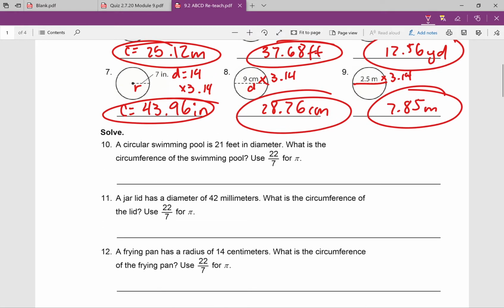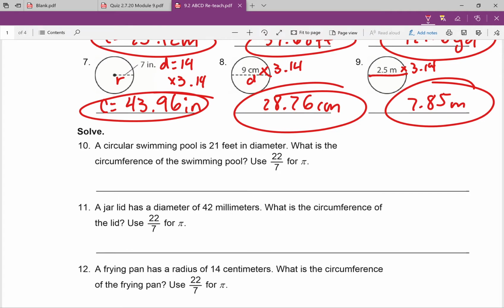Now, word problems. Now they're asking us to use that for pi. So, a circular swimming pool with the diameter of 21. We're going to set up our fractions and then multiply, because the formula is C equals pi times D. In this case, pi is 22 over 7, and the diameter is 21.